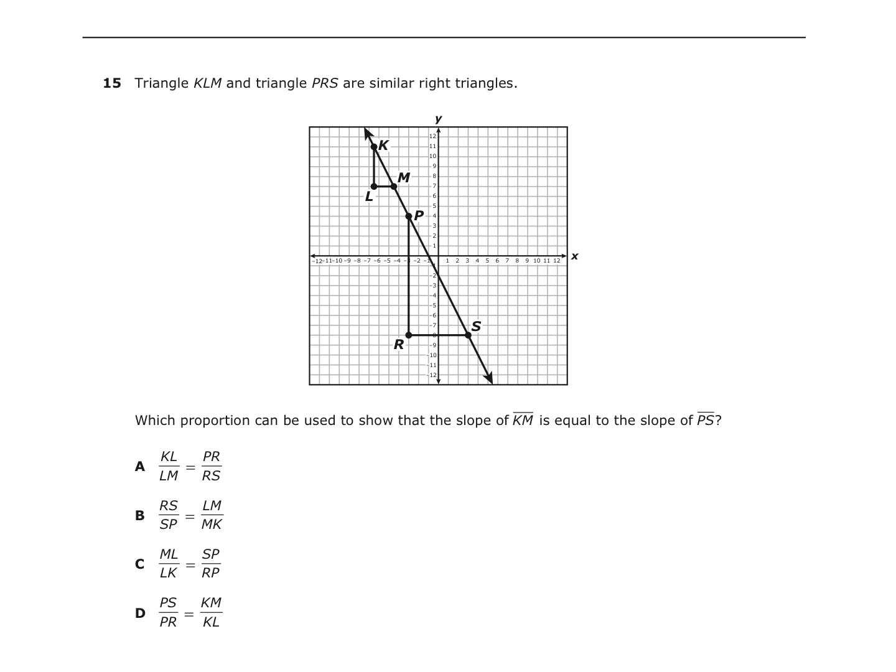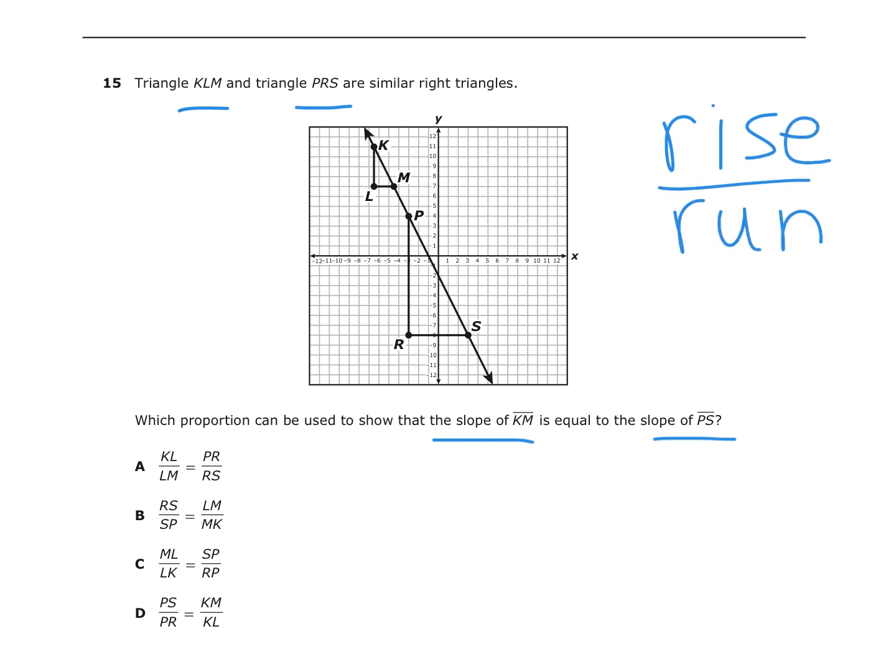So the first problem in part 2 is number 15. Number 15 says triangle KLM and triangle PRS are similar right triangles. Which proportion can be used so that the slope of KM is equal to the slope of PS? Okay, we're going to use something that you may be familiar with. Slope is rise over the run.